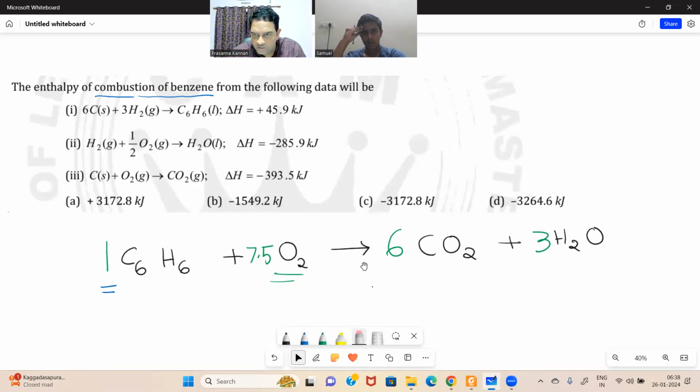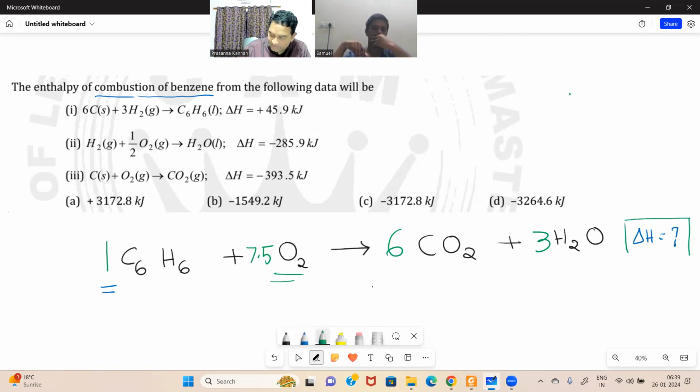So this is the equation you want to get. Now tell me, we need to find the enthalpy of combustion. That means we need to find the enthalpy of this reaction. How do you do it? You have a reaction. How do you find the enthalpy, Samuel? What is enthalpy of a reaction? Because the moment you get the reaction, the sum is over, in my opinion.